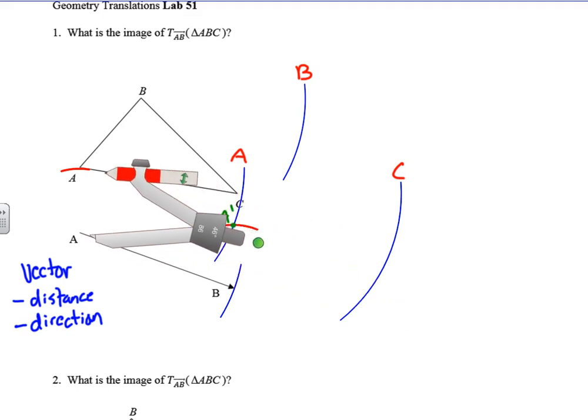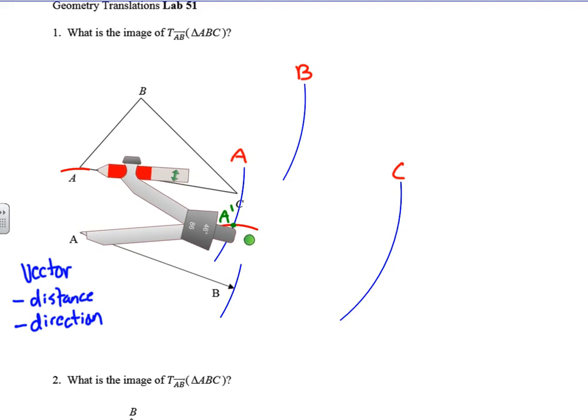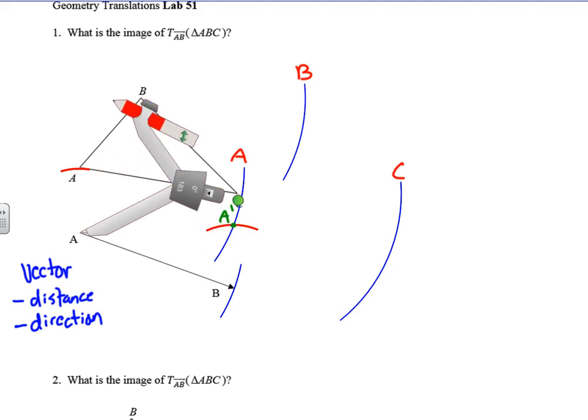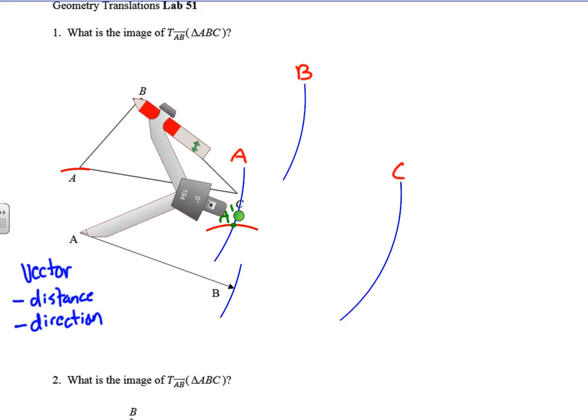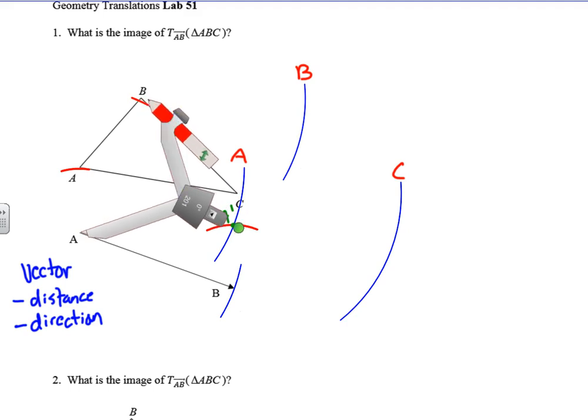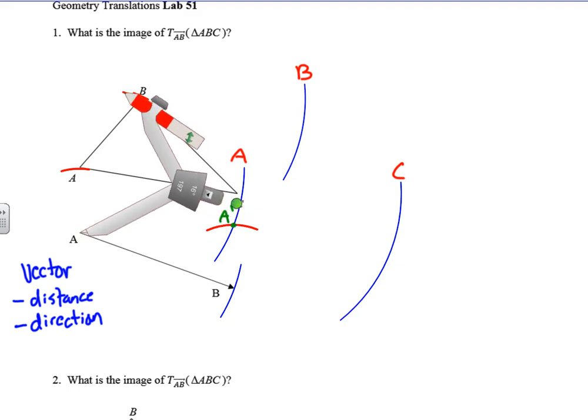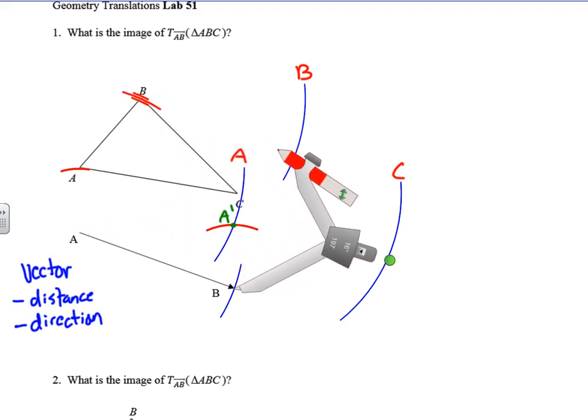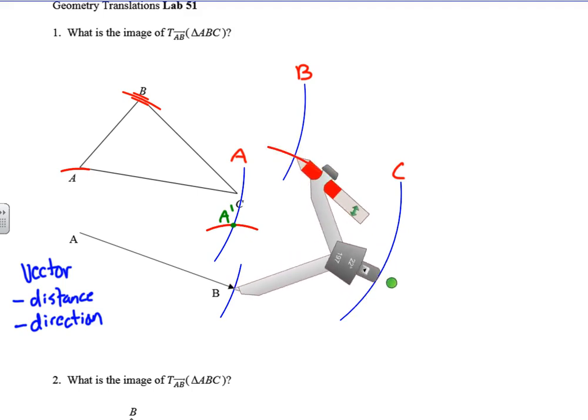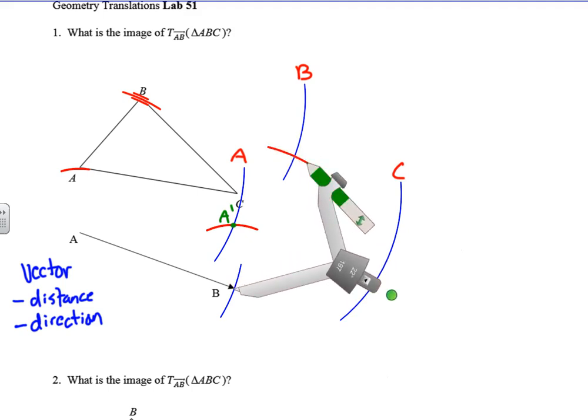Okay, I come back to the beginning of my vector. I'm going to open it up now the length of B. Whoops, got to open it up a little bit more. Not quite that. There we go. Okay, and I come down here to the end, and I'm going to mark there. Now that intersection point is going to be B prime, because it gave us our direction.